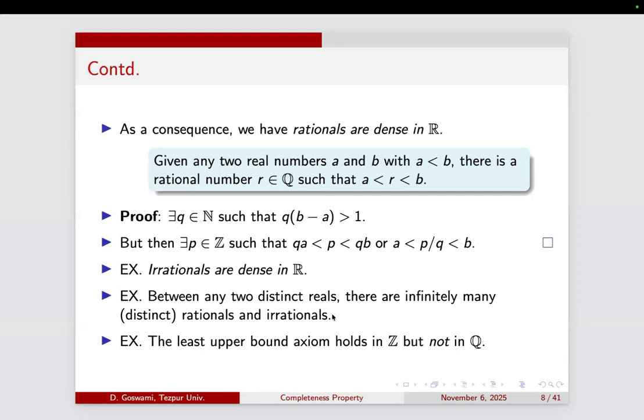So these are some very useful results that come immediately. One can also check that the least upper bound axiom holds in Z, that is in integers, but not in Q, rationals. So these are preliminary stuff.